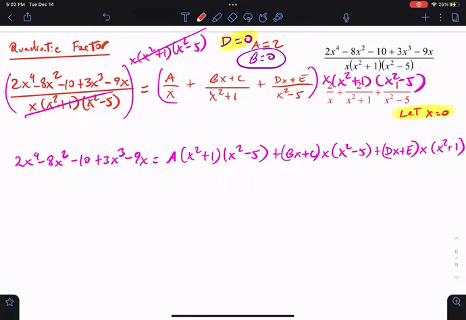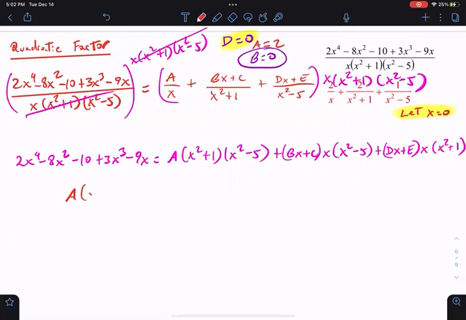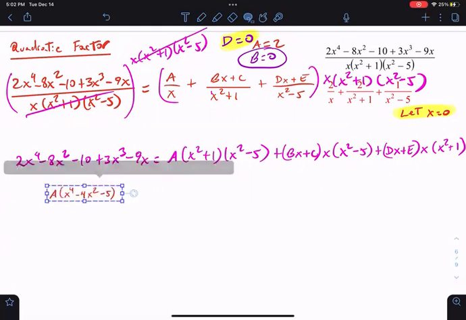So now I'm going to try to expand the right side, right? So this is going to be ax to the 4 minus 4x squared. And then this is going to be negative 5. Okay. This is the left side again. So I'm going to put that here.